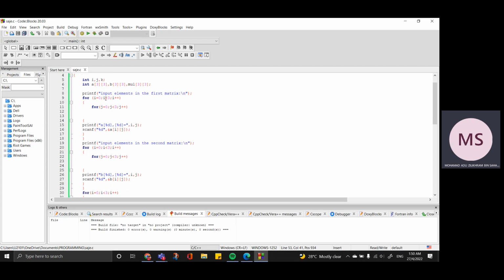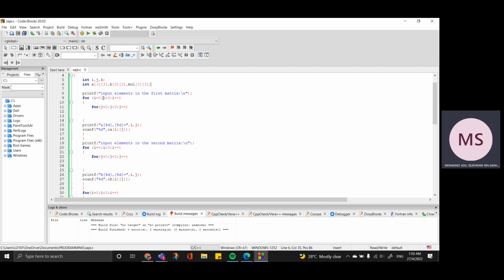Just like usual, we need to show a title that lets the user know what they need to do, which is to input the values. So first, I put the printf, input elements in the first matrix, so the user will put in the numbers they want for their matrix.